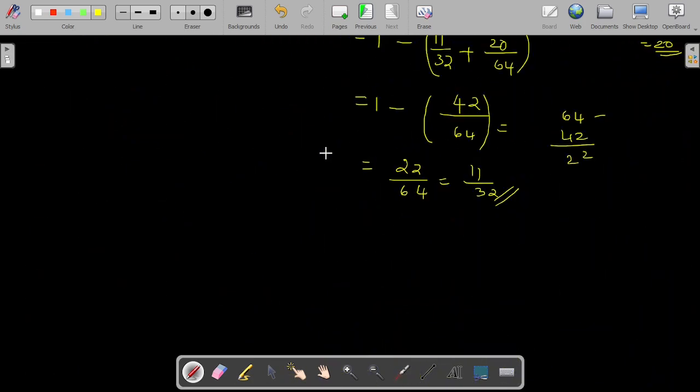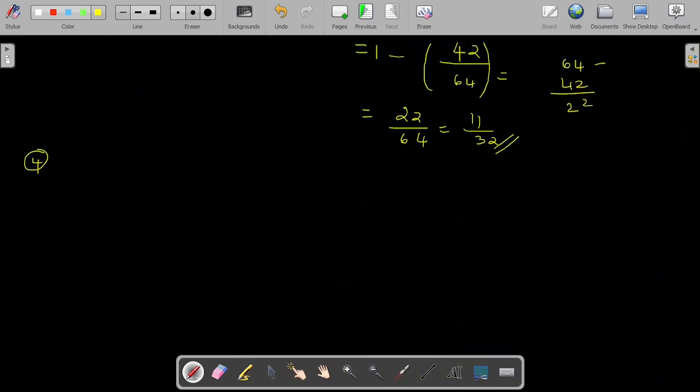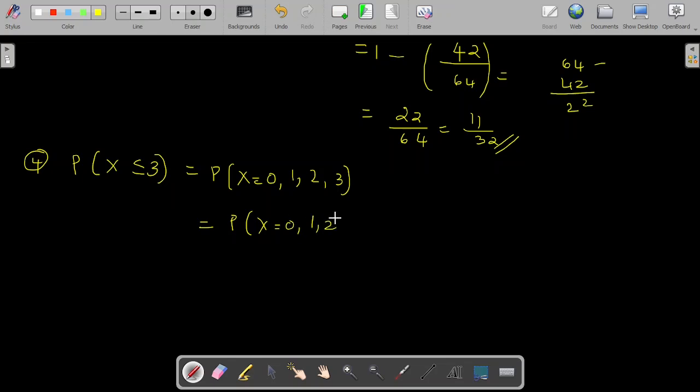Next question is at most 3 heads. At most 3 means maximum 3. X should not be more than 3. X is less than or equal to 3. So that is the probability of x equal to 0, 1, 2, 3. It is the same as x equal to 0, 1, 2, which I just now found out, plus the probability of x equal to 3.